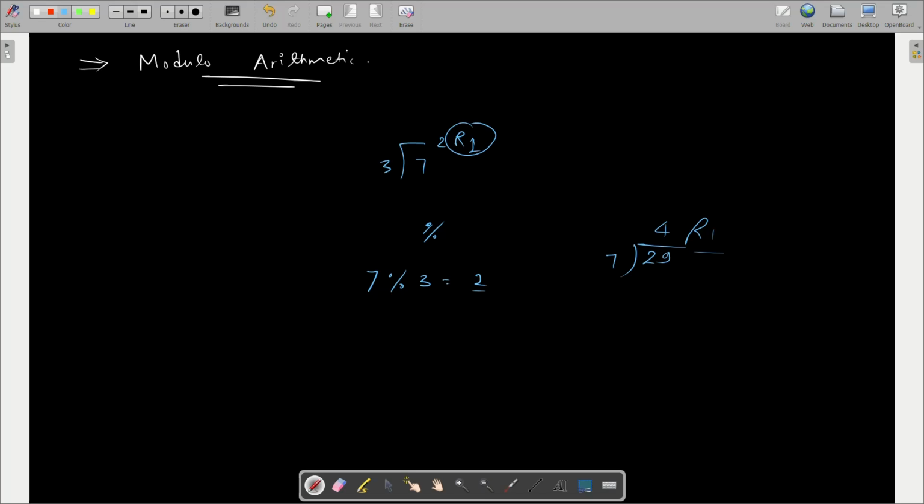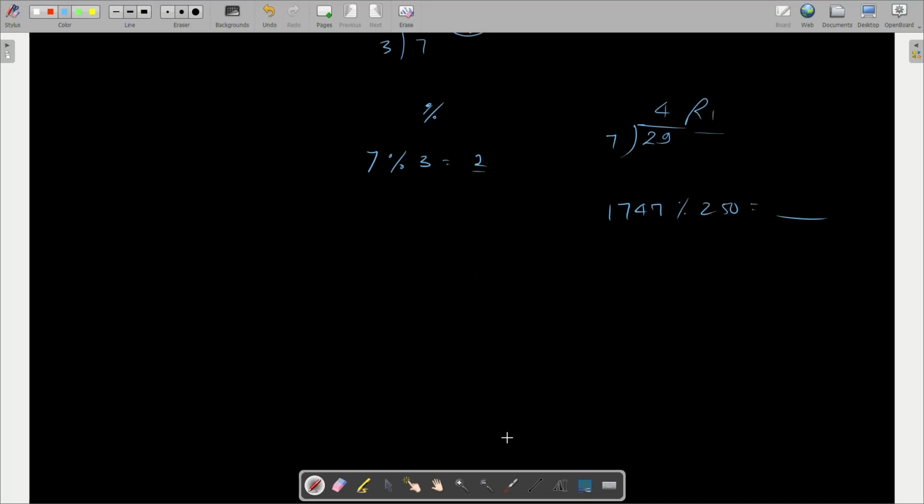Let's take another example with a larger number. Let's say 1747 modulo 250. I don't know the answer, but there would definitely be a remainder. But to take it in a more intuitive manner, how would we go? Let's say we have a clock, and it is currently at 3 o'clock.